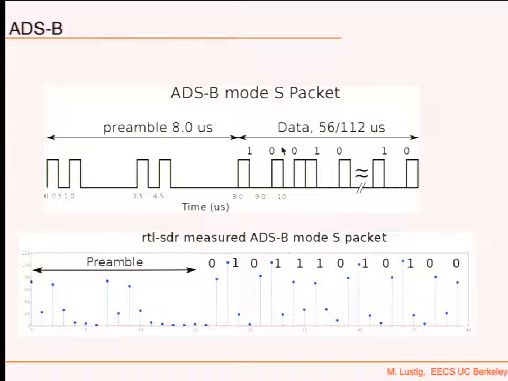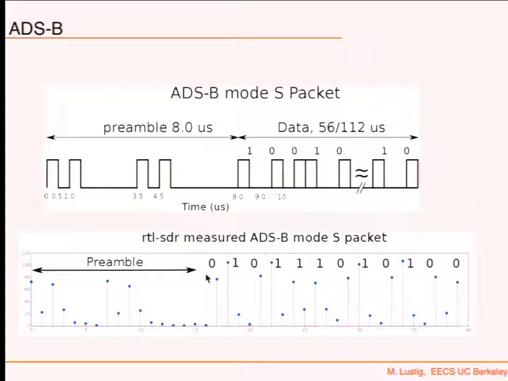So the information is encoded in transitions as opposed to being high or low. The nice thing is there's always a transition within every bit, so you can get the clock rate automatically from that and figure out how fast things are going. This is a very useful way of encoding things, called Manchester coding. This is taken from, I think, Wikipedia. Ideal. This is what we measure with the RTL-SDR, and you can kind of see the preamble.